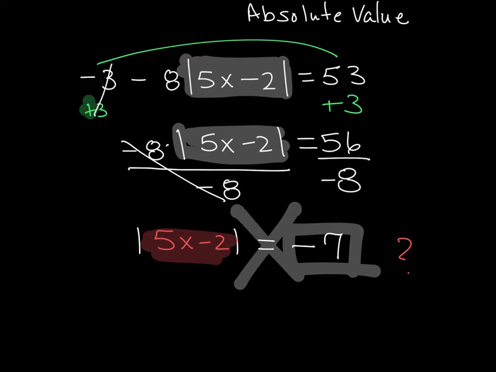So this is not possible. So this question has a solution that does not exist. And that is again because whenever you have that absolute value equation, when the answer comes out, it always must be a positive number.